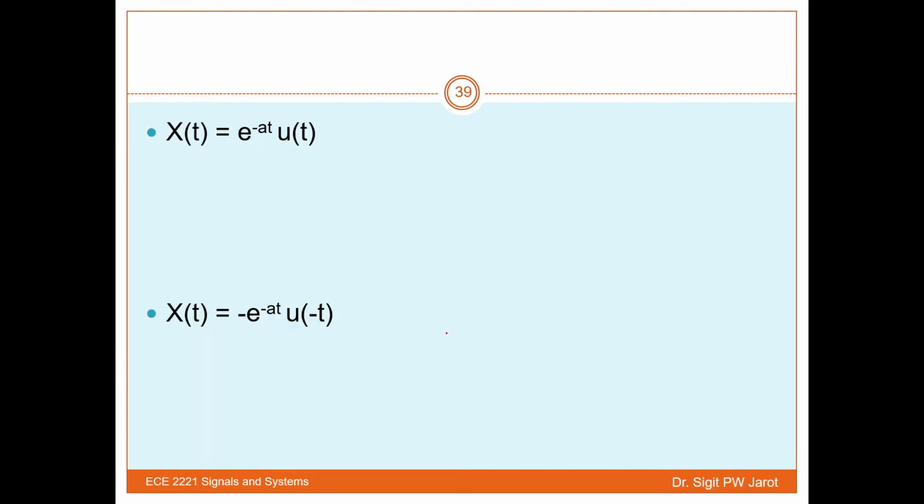For example, if we have a signal e to the minus a t, multiplied by u(t). For instance, we know that u(t) means it is on the positive side. So for the region of convergence, for example this is 1, we will just put the value here, or more accurately it is minus a.